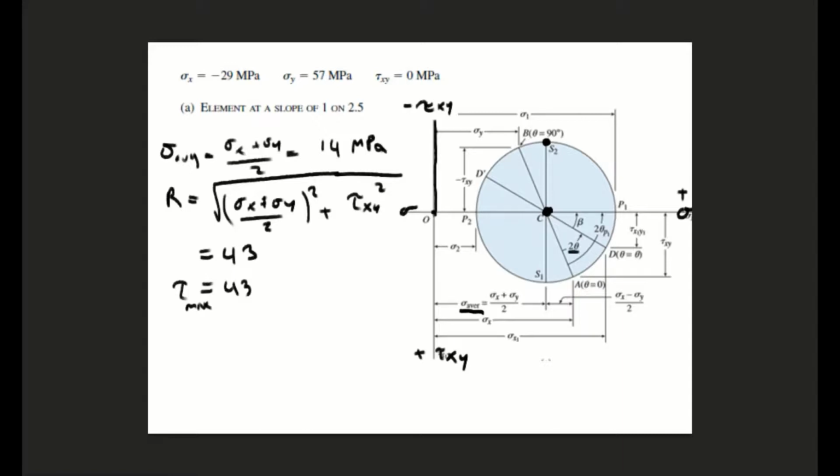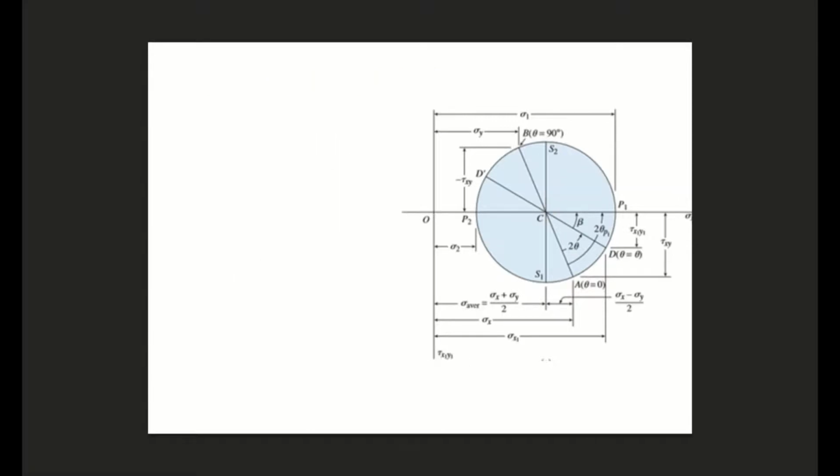And if that's our tau max, this is a 90-degree angle. So here our 2 phi is equal to 90 degrees. But if we go back to what we talked about before, everything on Mohr's circle is 2 phi.